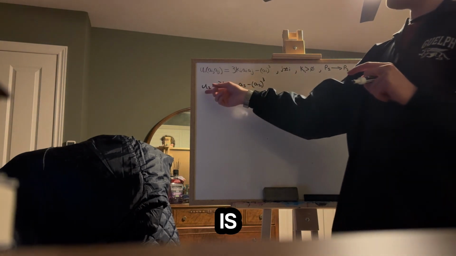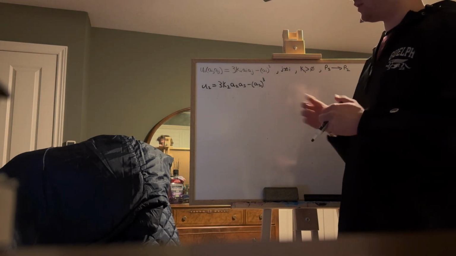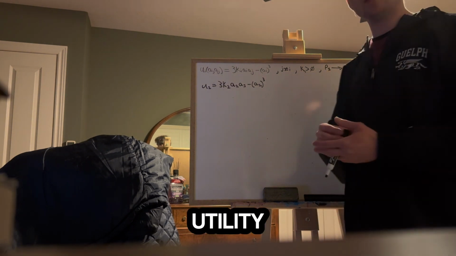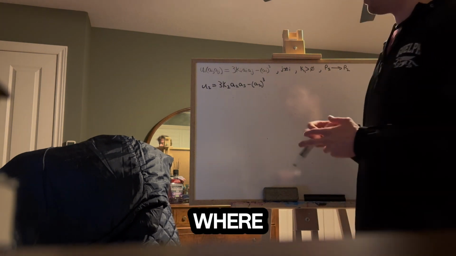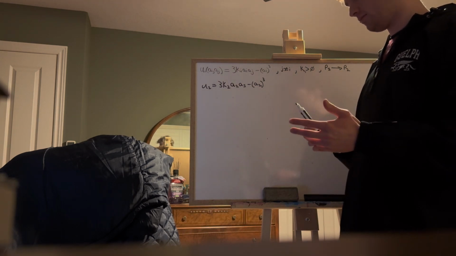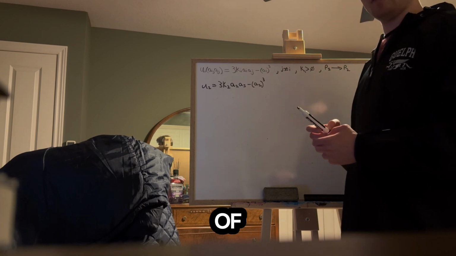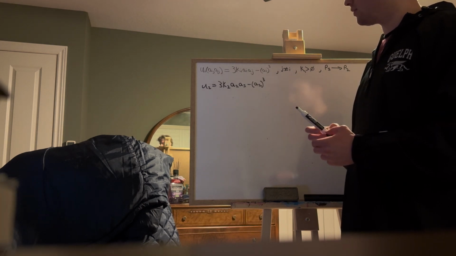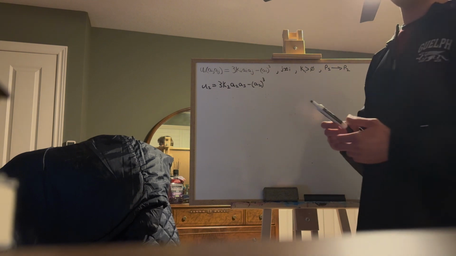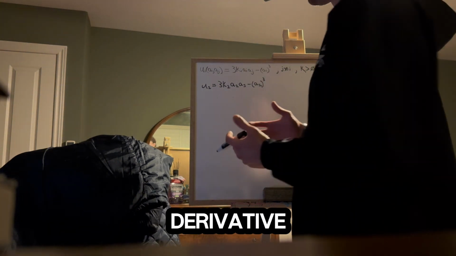So this is firm 2's utility function, where u of 2 equals 3k of 2 times a of 2 times a of 1 less a of 2 cubed. So now we're just going to do our partial derivative now.